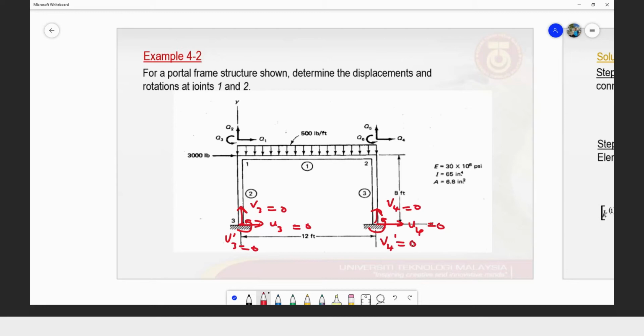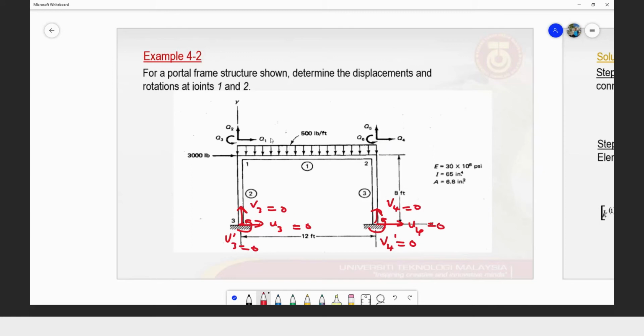But in this problem, as you can see here, we have 6 unknown degrees of freedom, which is still very big in terms of the number of unknown parameters that we want to find.